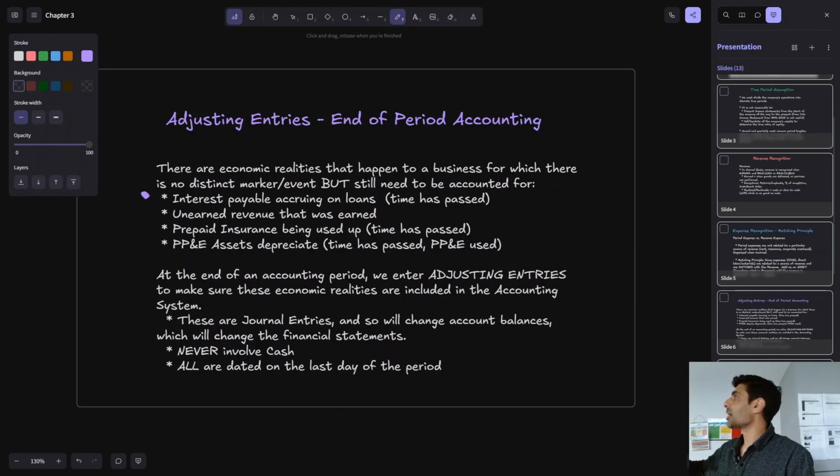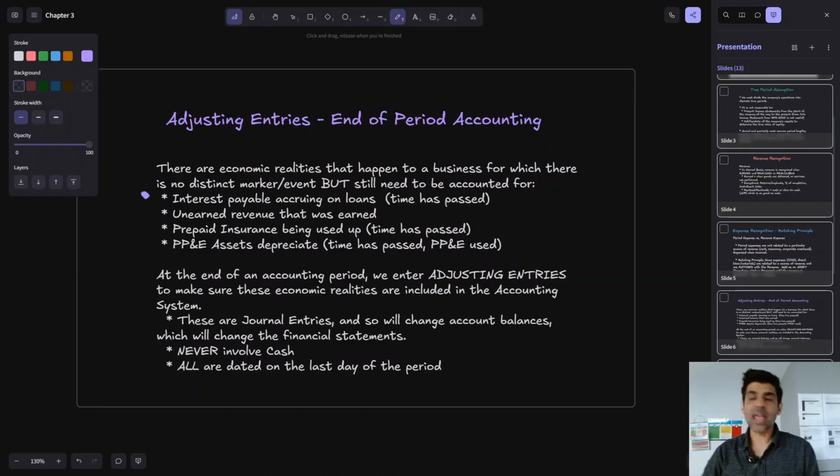This is not the only way to do it. I'm sure in a mega company, a large company, the accounting system is probably doing these accruals every day. But the way we're going to learn it, just to learn the concept, is at the end of a period. So if we're doing a yearly financial statement, on December 31st, we're going to do all of these adjusting entries.